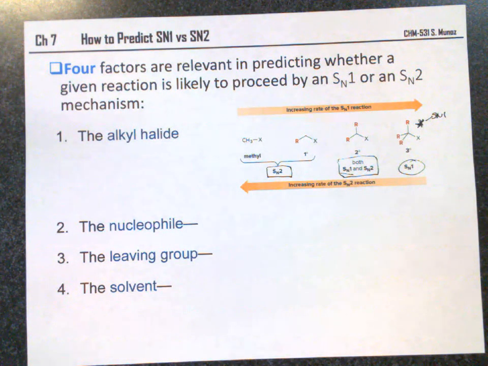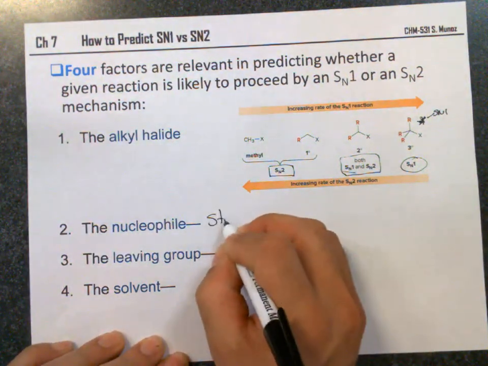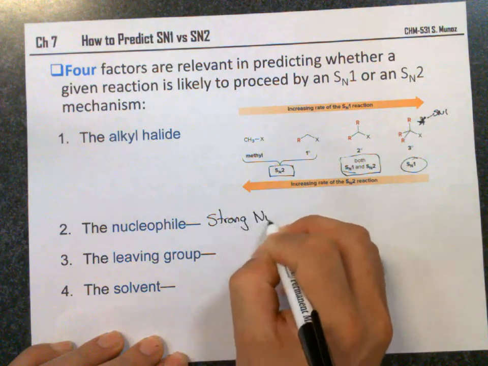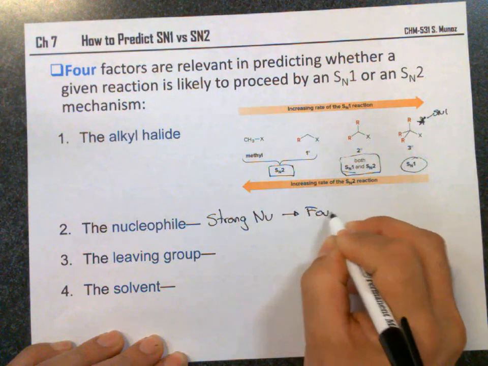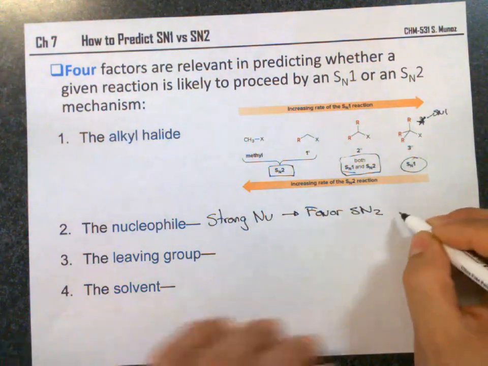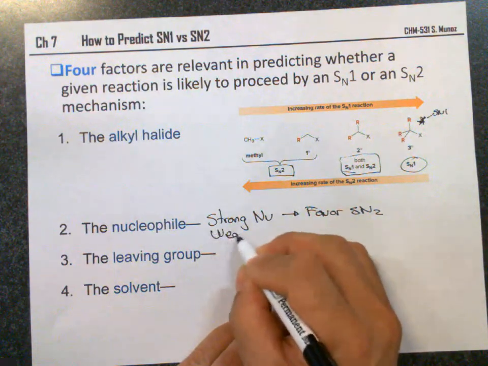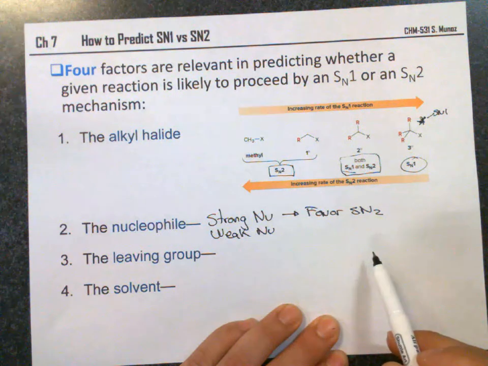So first of all, look at the electrophile. Tertiary, secondary, primary. Okay, so then look at the rest. The nucleophile, strong nucleophiles. Strong nucleophiles favor SN2 reactions, whereas weak, but by the way, these factors are not isolated.